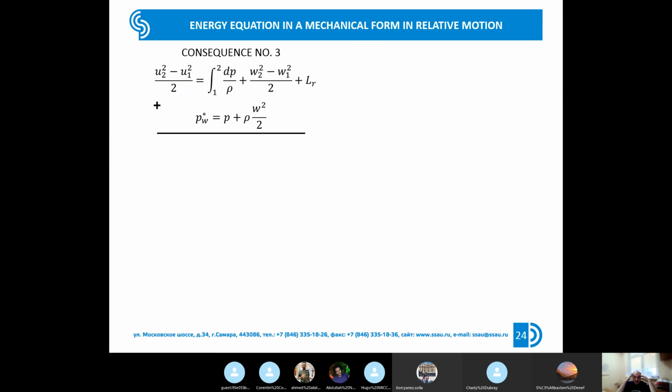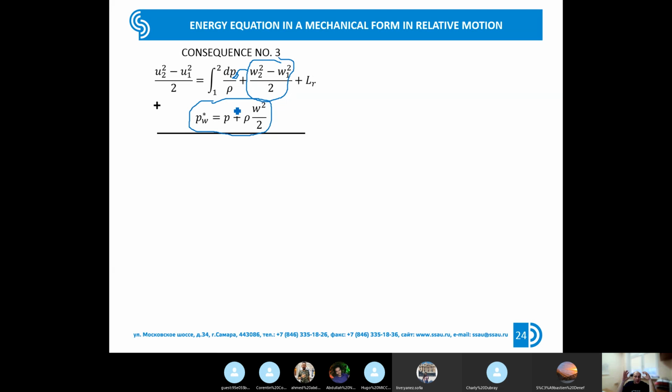Like in the case of the Bernoulli equation, let's take the energy equation and put this term inside the integral sign, and we refresh what this formula is: the total pressure of the flow stagnating in relative motion.